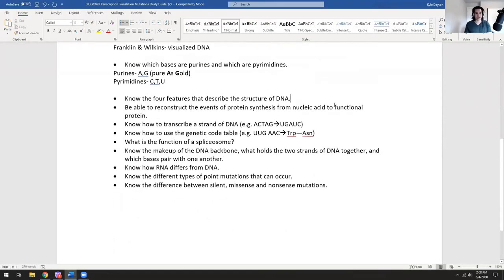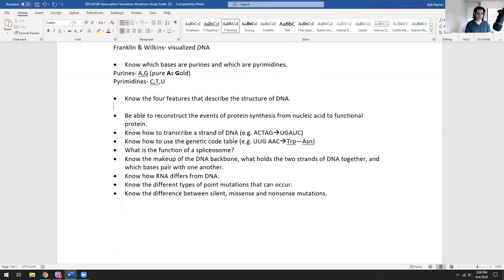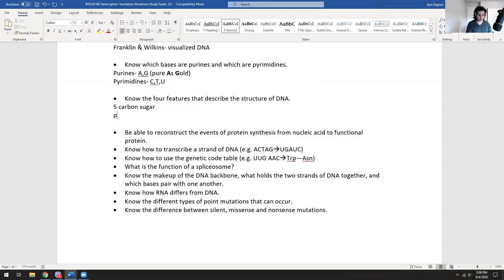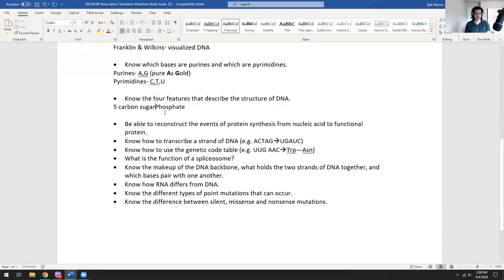Know the 4 features that describe the structure of DNA. Is it 4 features? Let's just see. We've got the 5-carbon sugar plus phosphate backbone.